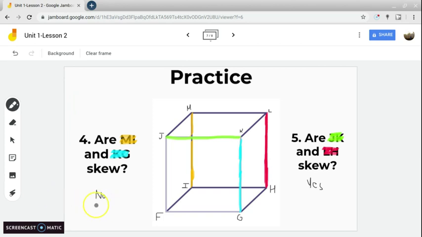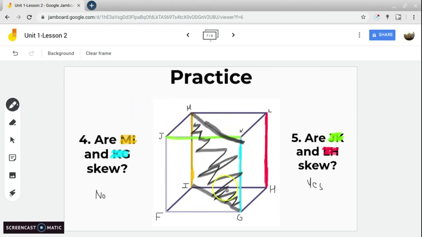The reason why this one is no is MI and KG. Well, they look like they might not be on the same plane, but I talked about this in the other video. Sometimes things that aren't there can be drawn. That's what makes it there. So there technically is a plane.